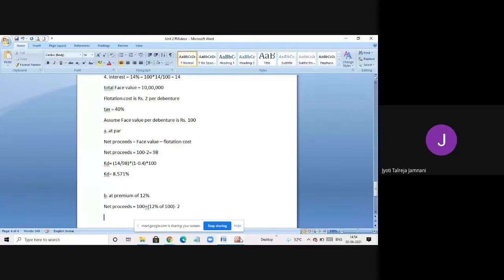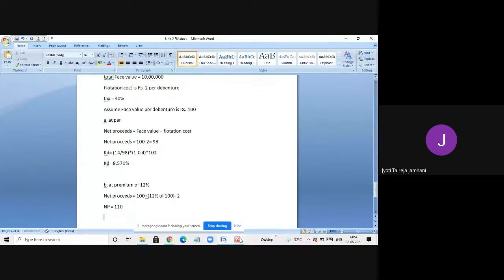So 100 plus 12 minus 2, net proceeds, I'll write it as NP, will be equal to 110. So cost of debt is 14 divided by 110 into 1 minus 0.6 into 100.